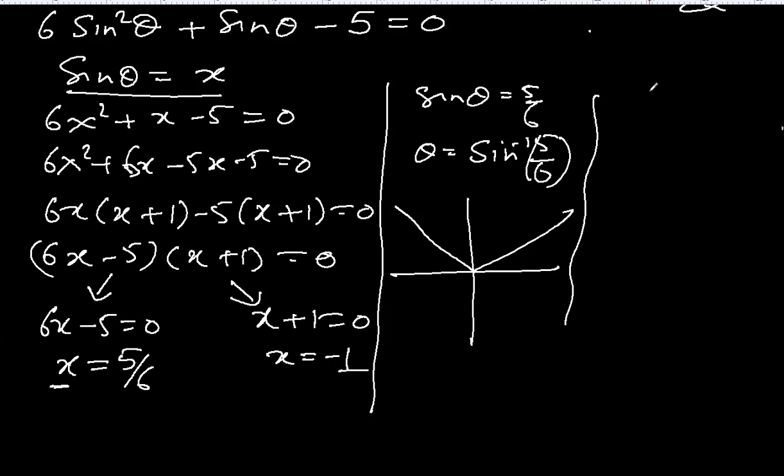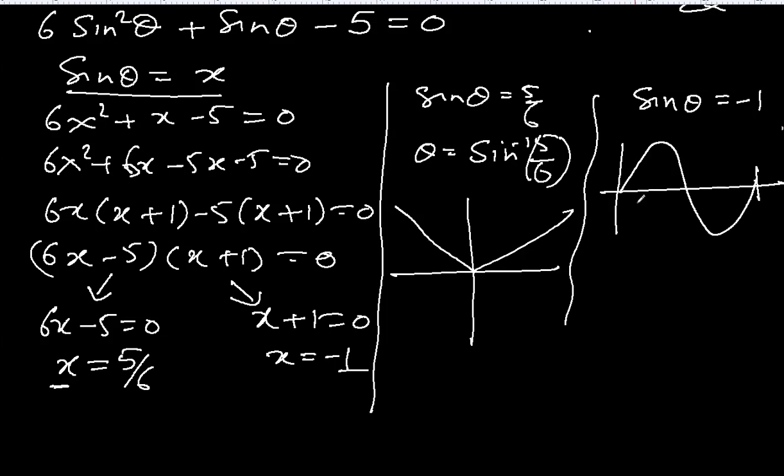Second one is sine theta equal to minus 1. For that, we don't need any quadrant like this. Just draw the graph of sine theta. So we know this is 0, this is 360, and at this point the value is minus 1, right? And this is the one they want. What is the angle here?